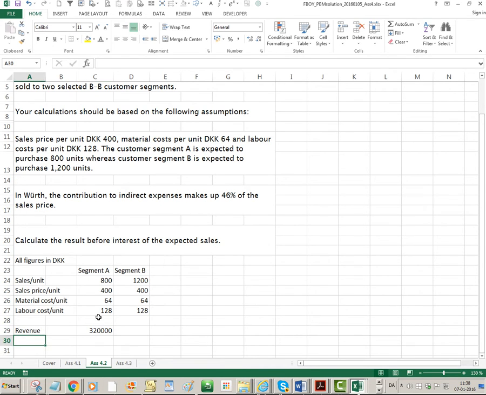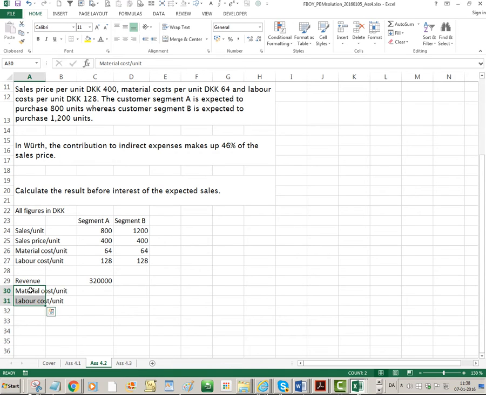And we could say material cost and labor cost. This is like then it's the total numbers. So I just copy this. So labor cost, and that's a similar thing.